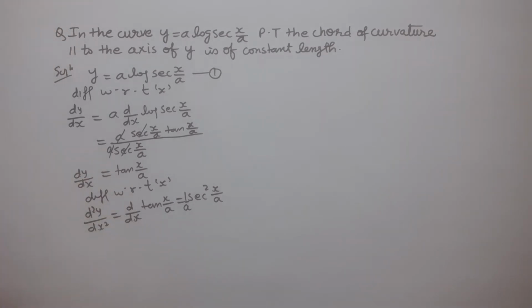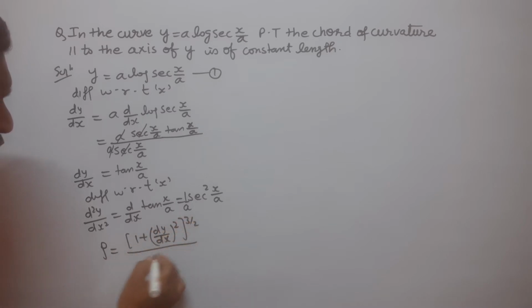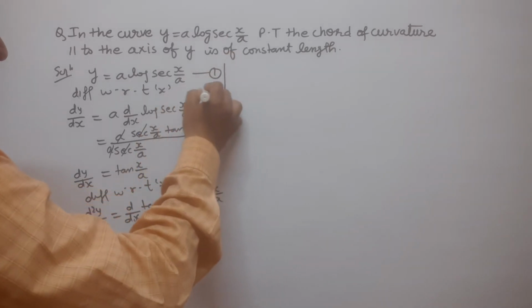Now we find the radius of curvature of the Cartesian curve. The formula is rho is equal to 1 plus dy by dx whole square, whole power 3 by 2, divided by d2y by dx2. So we put in the values of dy by dx and d2y by dx2.